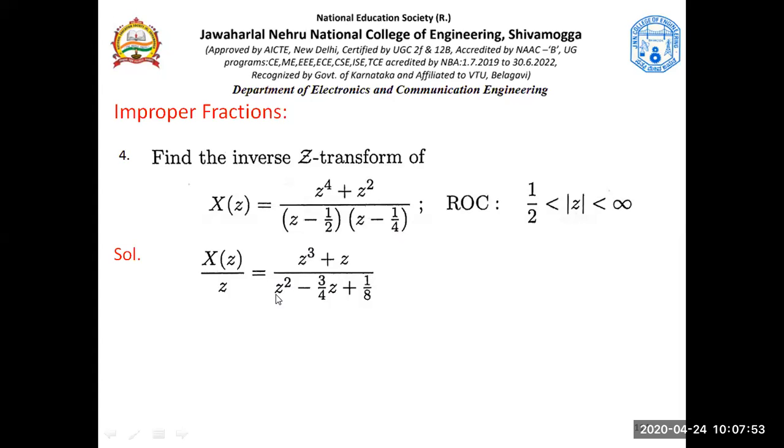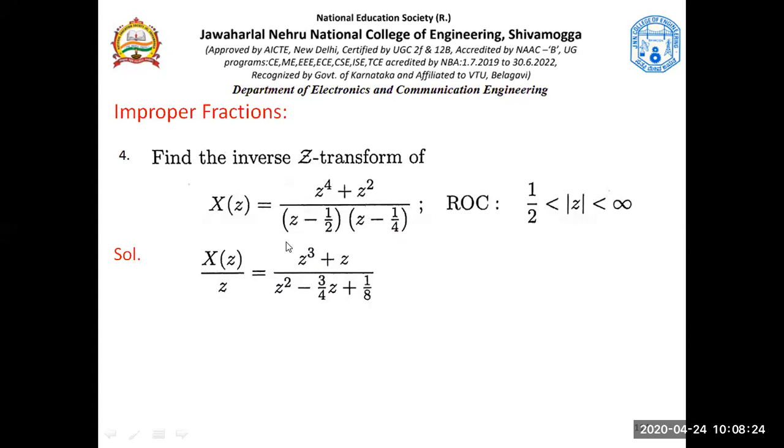Get that point? Now, when the numerator is greater and the denominator is lesser, then it is improper. When these two are equal, then also it is improper. After we take this Z in the denominator of LHS, we have to look for this. So the denominator order should not be less than or equal to the numerator's. But in this case, yes, it is less than this.